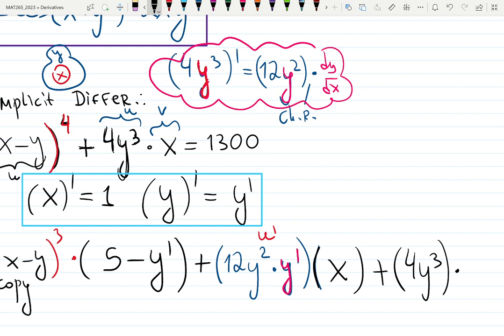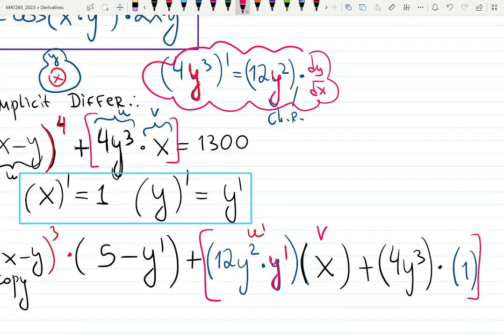What is the derivative of x? 1. Let me put big brackets. In this class, brackets and parentheses mean the same thing for now. Later, it will not be the case. Brackets are usually reserved for matrices and determinants, but it's fine. This is how I like identifying what we did, the brackets: u prime v plus u v prime.